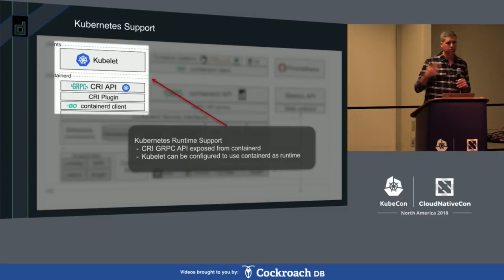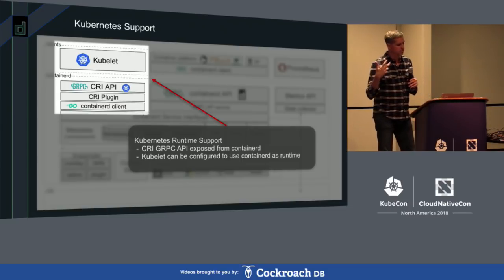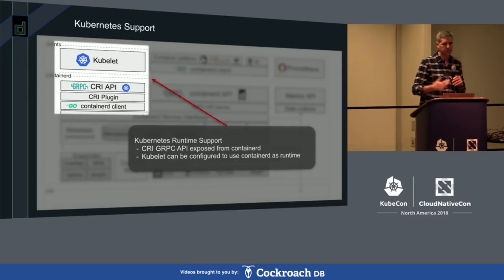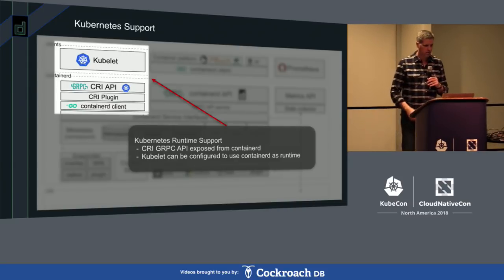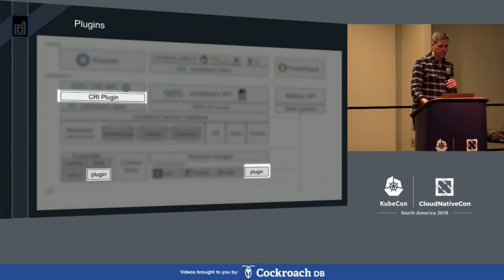So your workload gets scheduled to a node, the kubelet wants to start a pod, that calls into the CRI API, which will then call into Containerd to actually start containers, and Mike will show that in more detail in a few minutes.